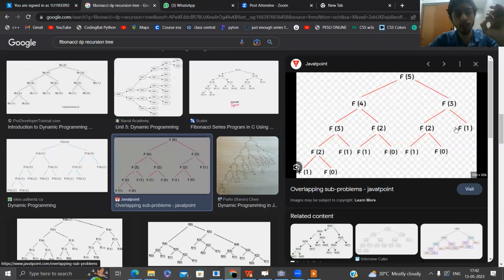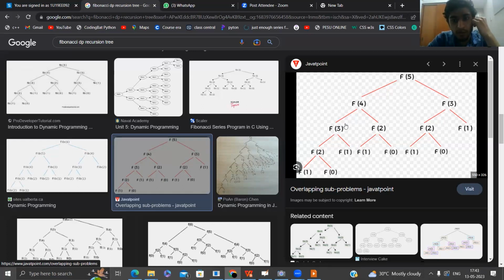That is one problem with recursion, right? That there exist overlapping subproblems. I hope you're able to identify what the overlapping subproblem is. Over here, I am calculating Fibonacci of 2, and once again over here, I am calculating Fibonacci of 2.